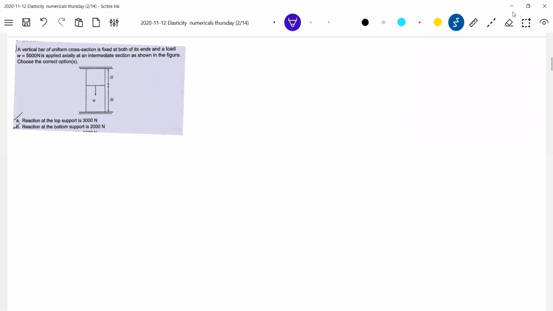So let me take the rod of length 2L. What are the forces that are acting on it?